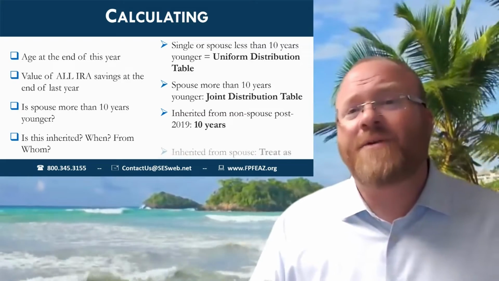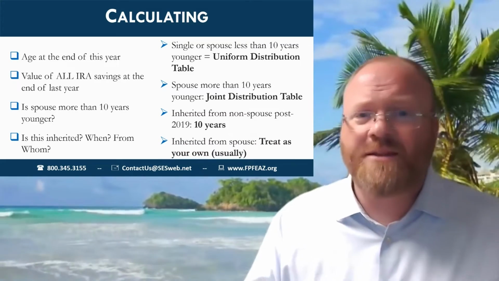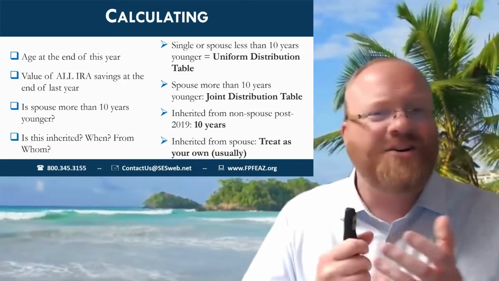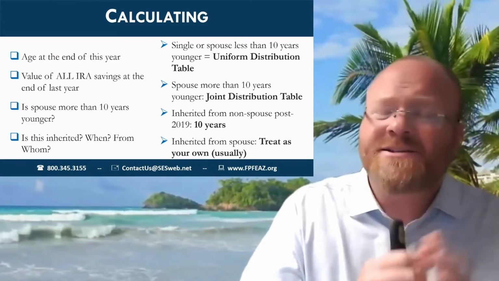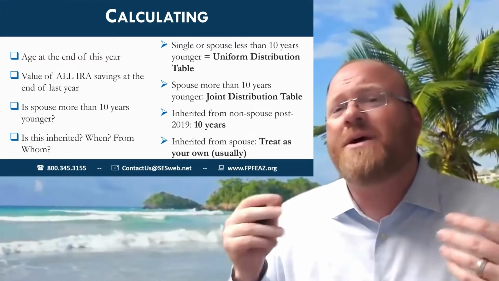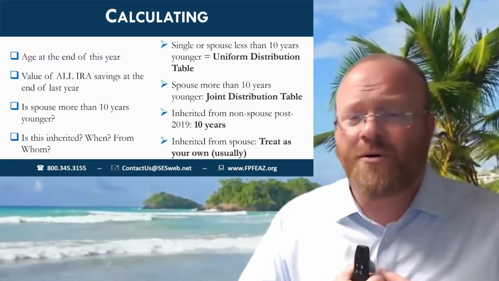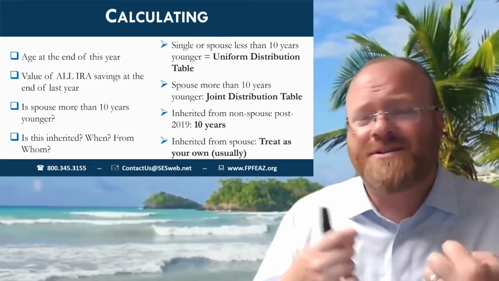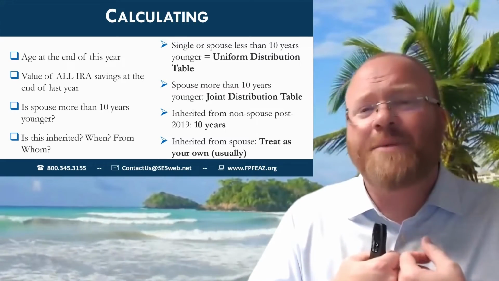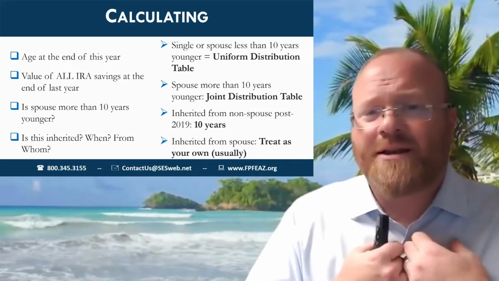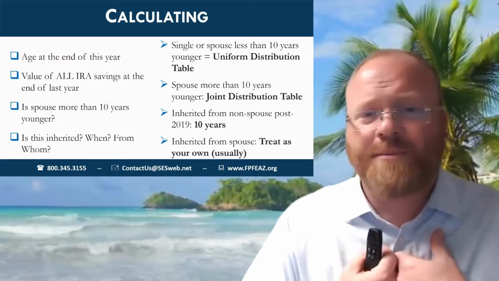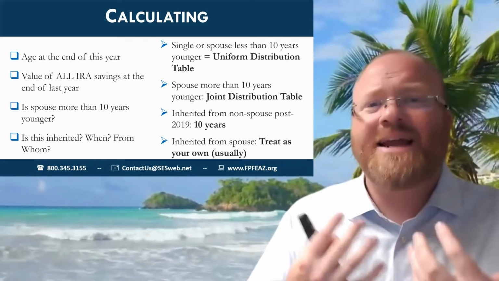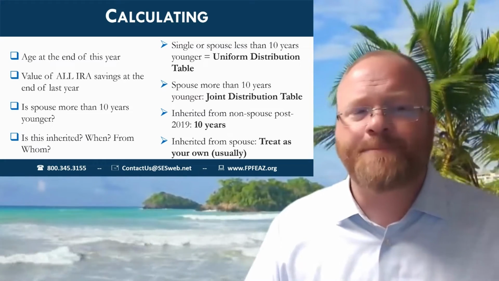If you inherited it from a spouse, then the one thing that a spouse can do that nobody else can do is assume it as your own. And that's what most scenarios call for. Most spouses that inherit IRA money are just going to roll it into their own, take their own required minimum distributions, and treat it as their own.